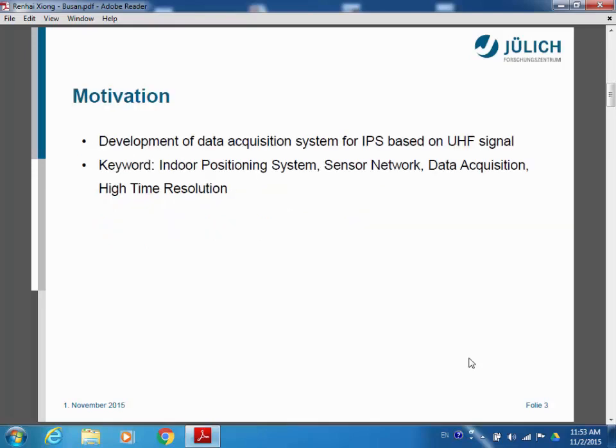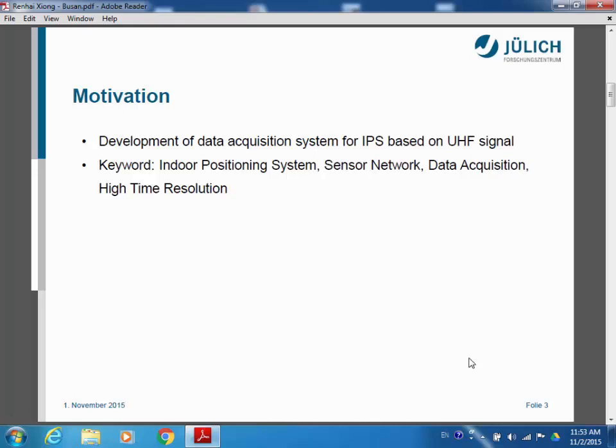The motivation. As I said, this module is applied to an indoor positioning system based on ultra-high frequency signal, and to achieve a high accuracy, our initial aim is to achieve sub-millimeter precision.